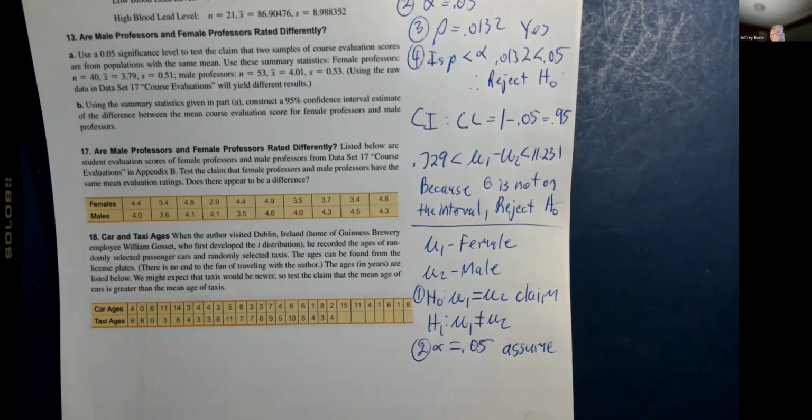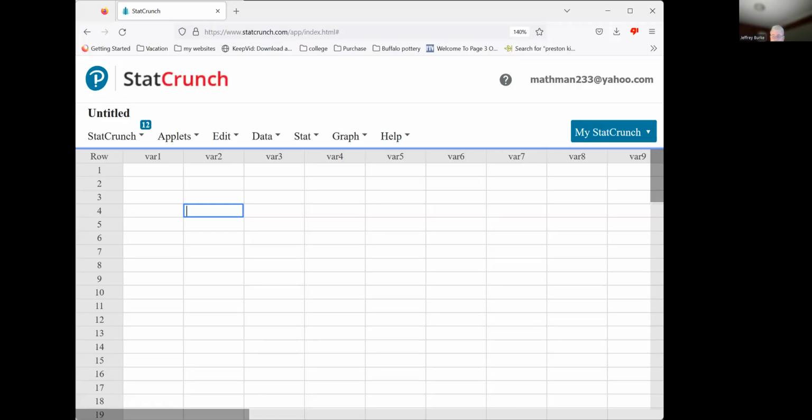Now, if you're doing this in StatCrunch, you will not have to worry about typing this information in for yourself. But I'm going to go ahead and type this information in right now. I'm going to title this so I don't choose it later. Just be sure that you're typing all of it. You won't have to worry about sending this in because it will transfer on its own.